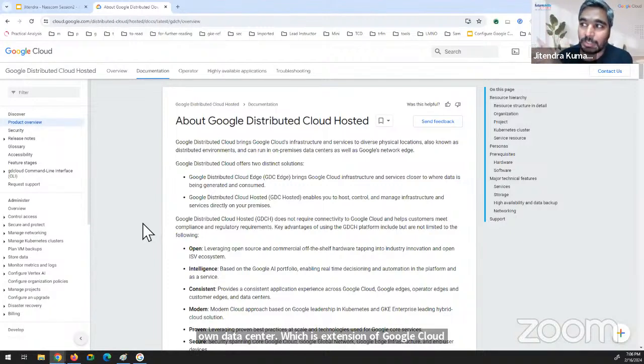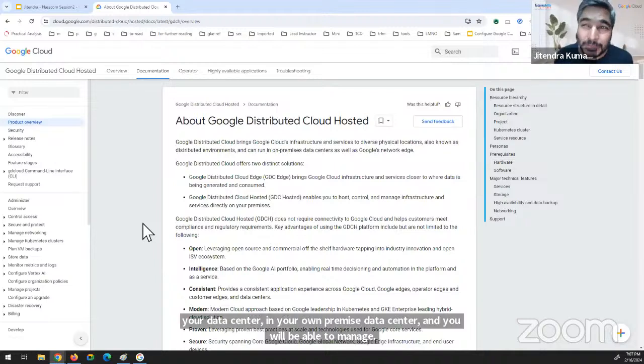If you like to use all the services hosted by Google Cloud in a Google data center, then it is Google public cloud that you are dealing with. And this is the service which is Google Distributed Cloud Hosted, GDCH as we call it. This is something where you will run Google Cloud, but in your own premise data center, and you will be able to manage it.